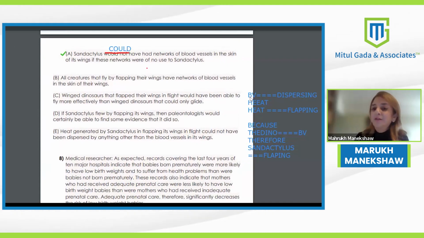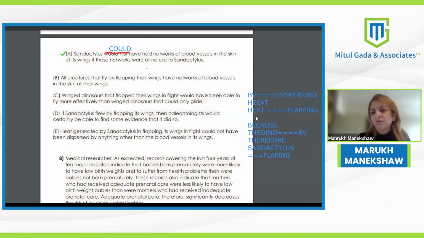We have said the only function of blood vessels is to disperse heat. There's a spelling mistake here, a typo. So blood vessels have only one purpose, but heat could be dispersed through some other means in other creatures. Next, we're saying that heat is generated only when there is flapping, but flapping can even cause other outcomes, not generating heat, something else.